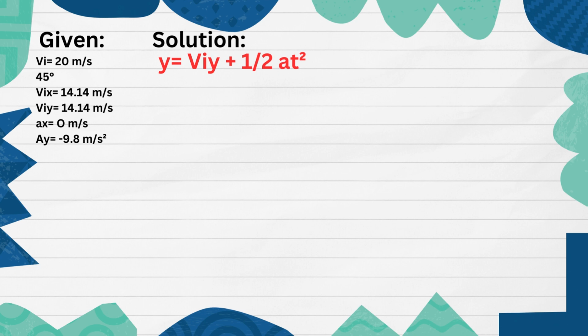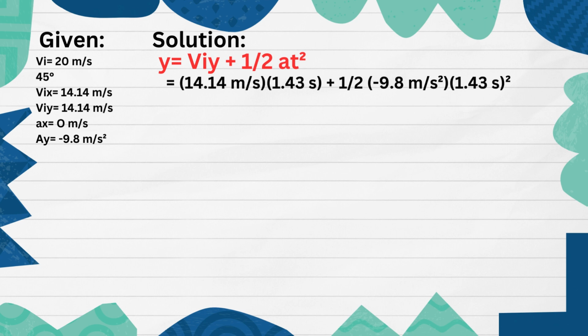So distribute the given: 14.14 m/s times the 1.43 s plus one half times negative 9.8 m/s squared times 1.43 s squared.